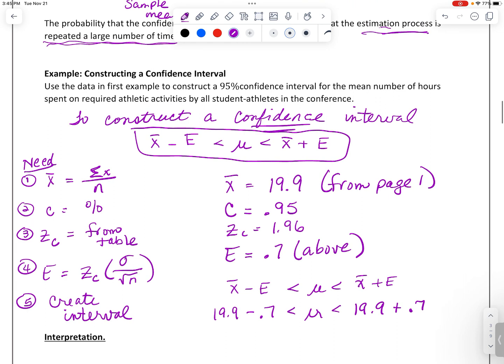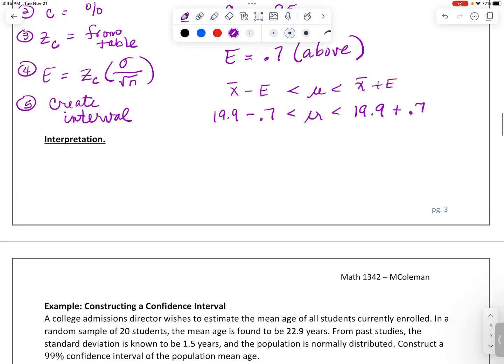So if I subtract these two numbers, I get 19.2 is less than my mu. If I add these two numbers, I get 20.6. So basically, this is an interval. My mu is right here at 19.9.